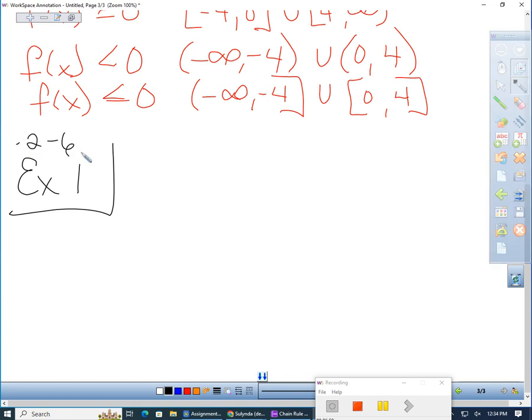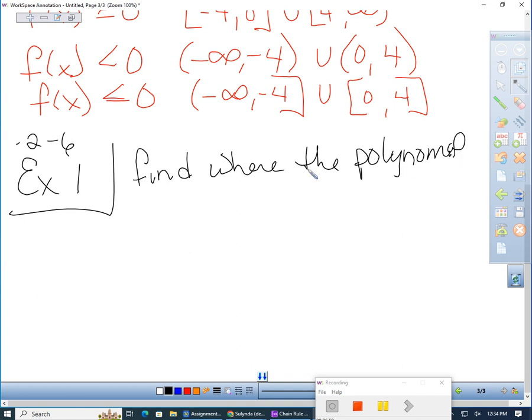The directions ask you to determine or find where the polynomial equals 0, is positive, and is negative.